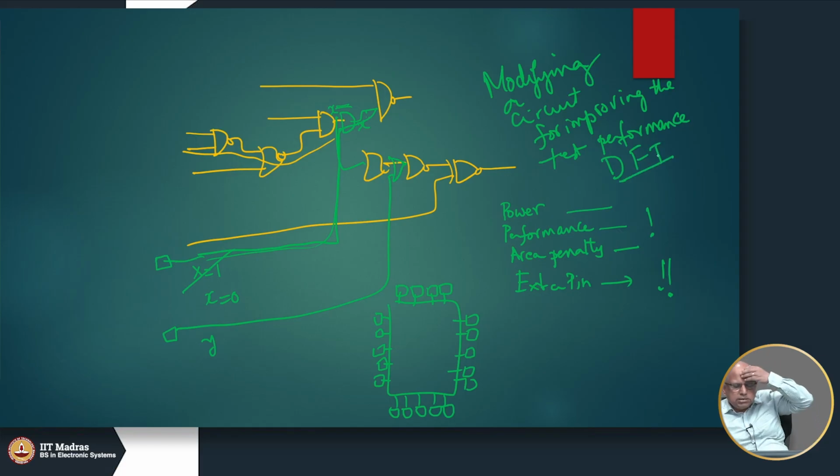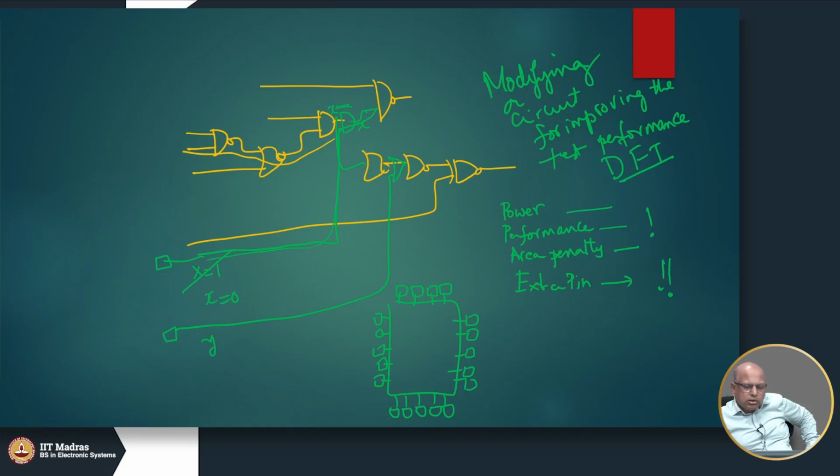We are changing the circuit a little bit because it is going to help the test. By adding these extra gates, we are improving the controllability, and as a result our test generation algorithms will work fast, and our coverage may improve a little bit.